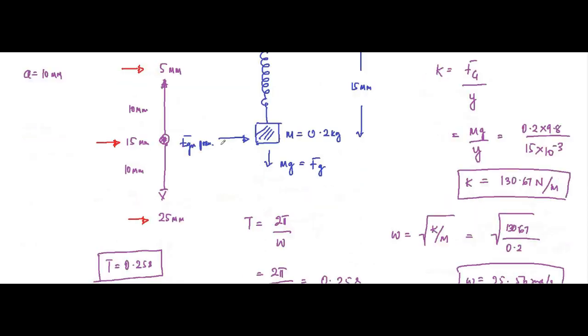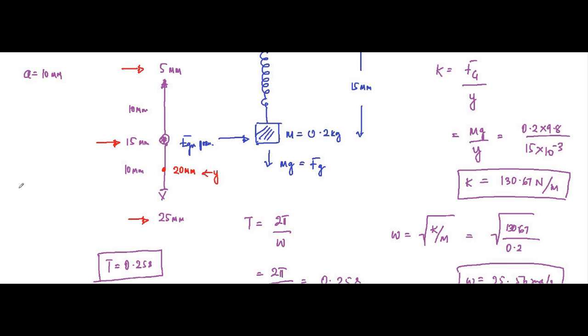It is said that the mass is at the 20 millimeter point, which means somewhere around here. So here, what will you take as the value of y, the instantaneous position?